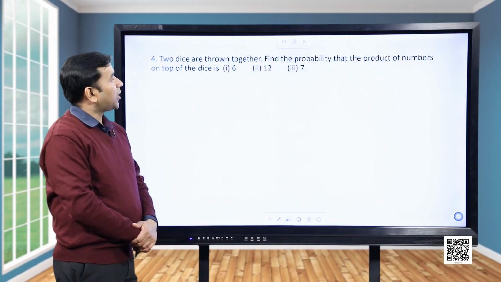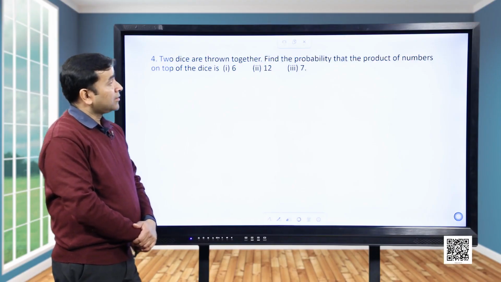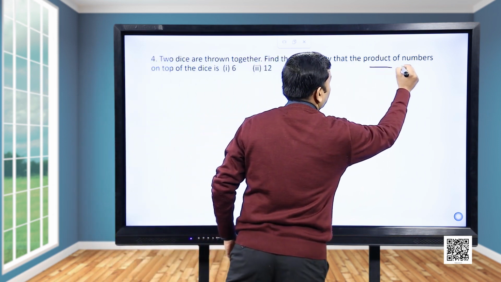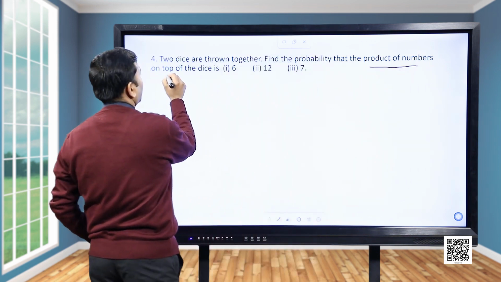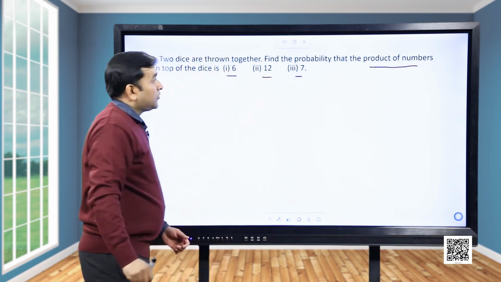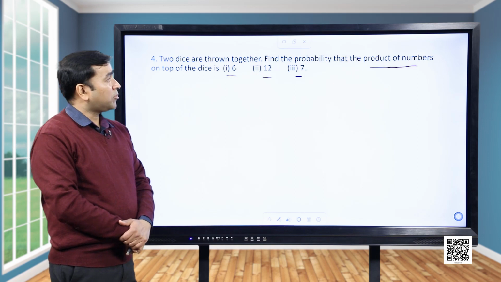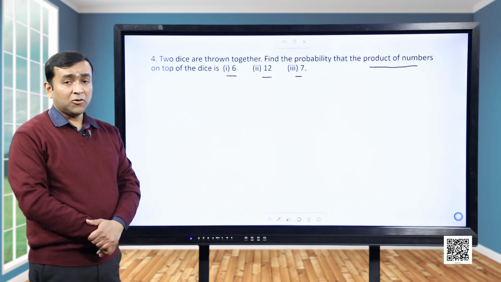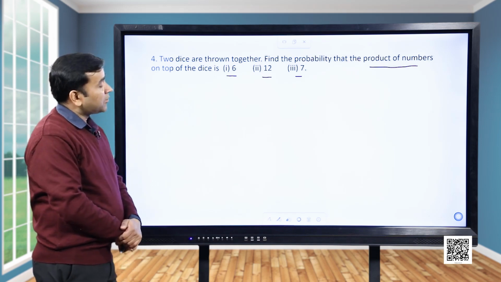Two dice are thrown together. Find the probability that the product of numbers on top of dice is 6, 12 and 7. So in this question we need to find the probability of product of numbers. So let us refer to the table.